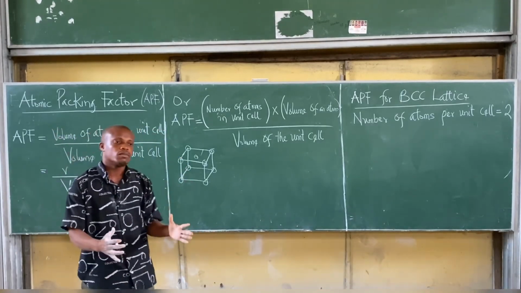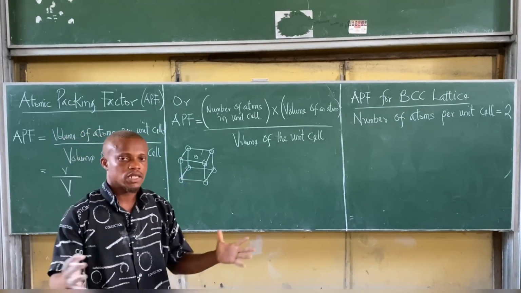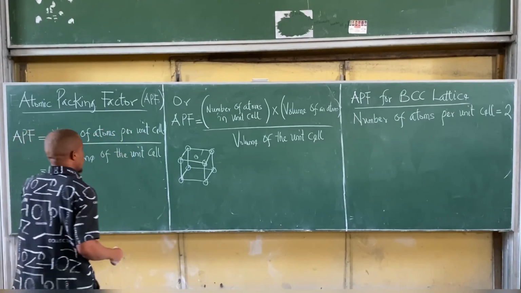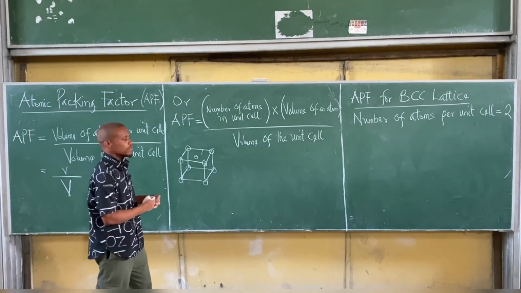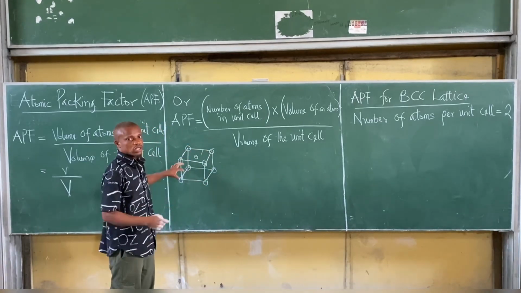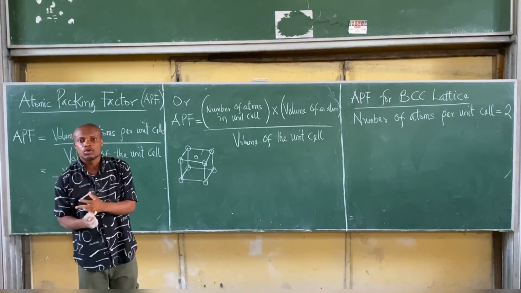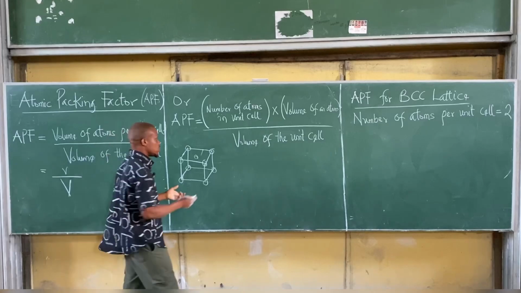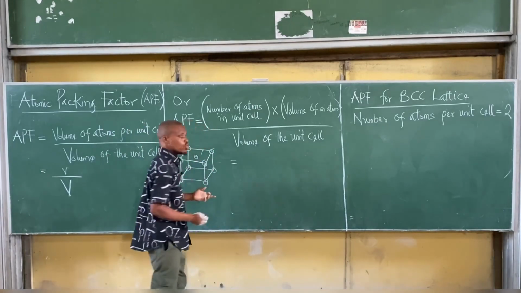If we form a space lattice with our unit cell, each corner atom has 8 neighbors, so it only contributes 1/8 to that unit cell.